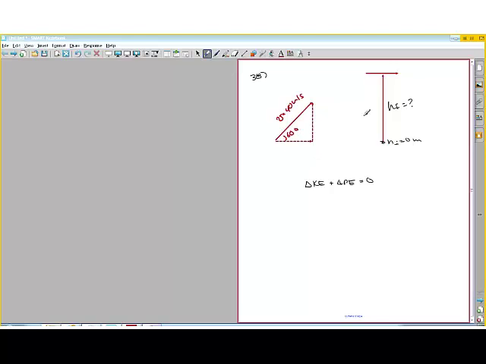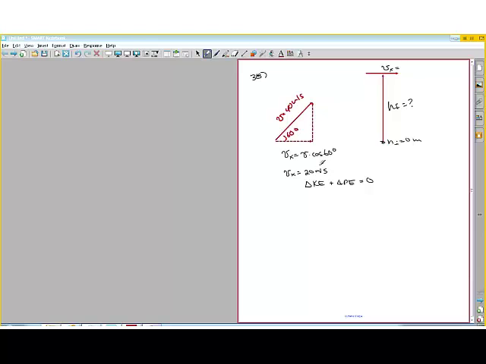Yeah, actually we do need to break it up into two components because at this point the velocity is just v sub x, which we can calculate from here. So that v sub x is going to be equal to v times the cosine of 60 degrees. And the cosine of 60 degrees is a half, so v sub x is 20 meters per second.